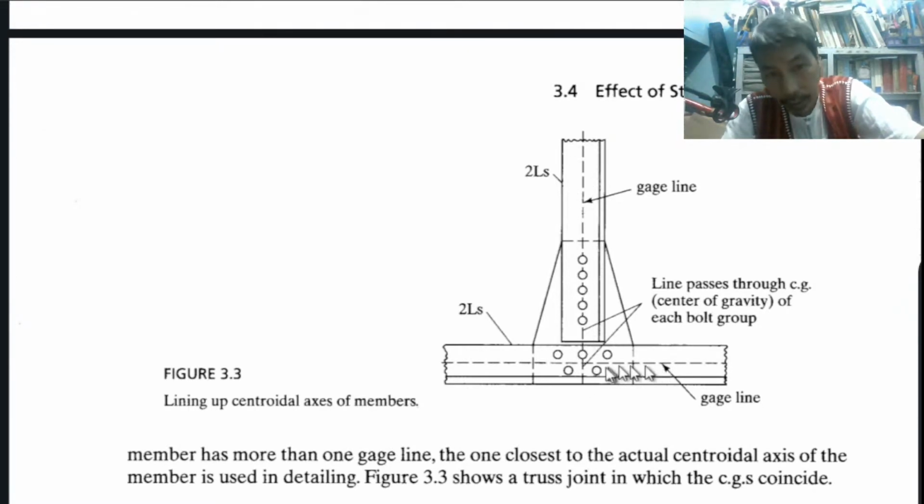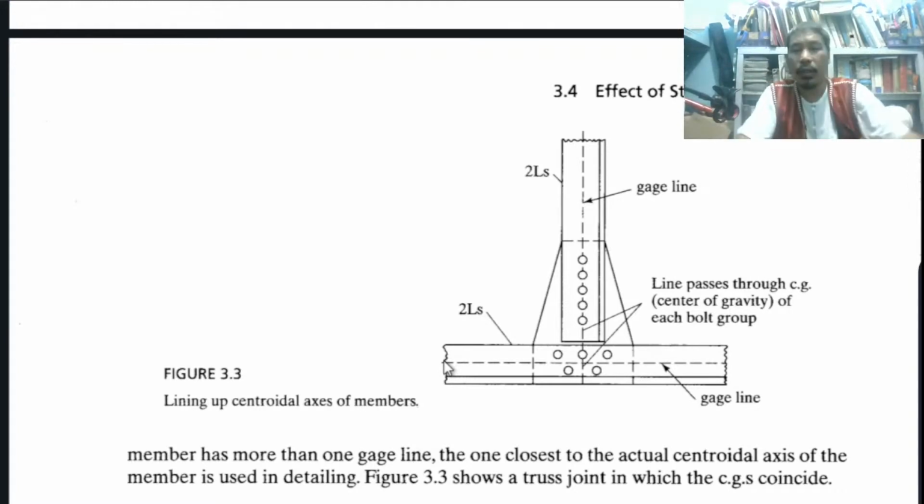Usually like this, staggered holes. These are staggered holes and they don't coincide with the center line. That is usually the case. But if this is the vertical truss member, usually it is located at the center line.